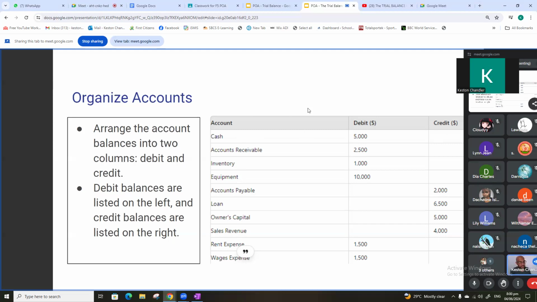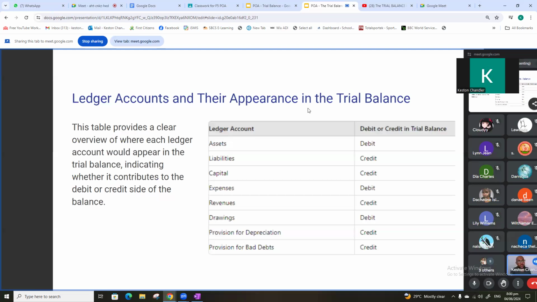The challenge for most students is knowing which of these balances to put on the debit or credit side in a trial balance. To assist with that, I've created this little table for you that will help you determine where each ledger account would appear in a trial balance, so you will know whether it should have a debit or credit balance.